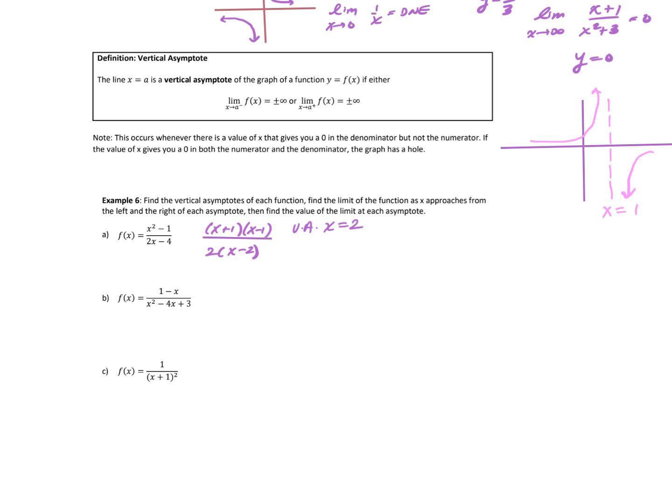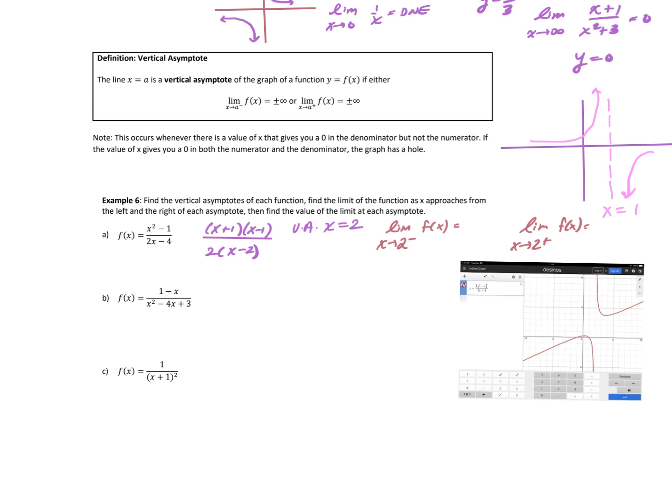I'm going to pull in the graph here just to show you, and then I'm going to show you how to do this without graphing it. We're going to do the limit as x goes to 2 from the left, and then I'm going to come back and do it again, limit as x goes to 2 from the right. Here's the graph of the function.